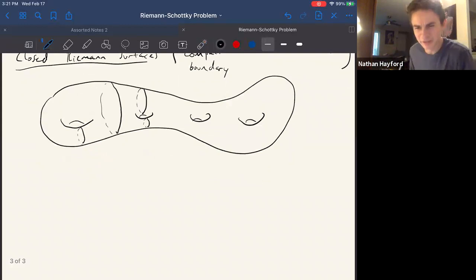I think the plural of genus is genera. Correct me if I'm wrong. So we're interested in counting the dimension of the moduli space, the number of parameters, in other words, that we need to know in order to tell whether or not two surfaces of genus g are equivalent.